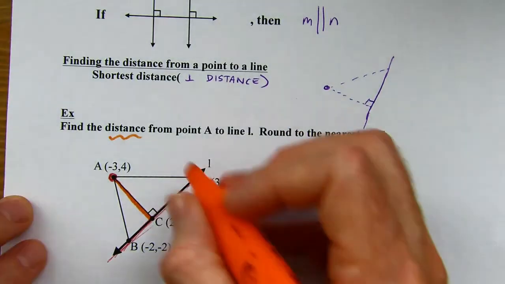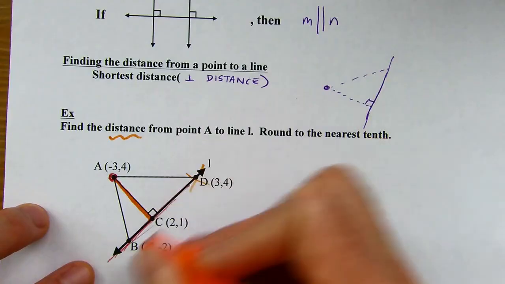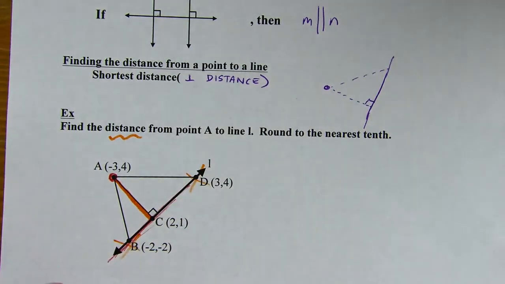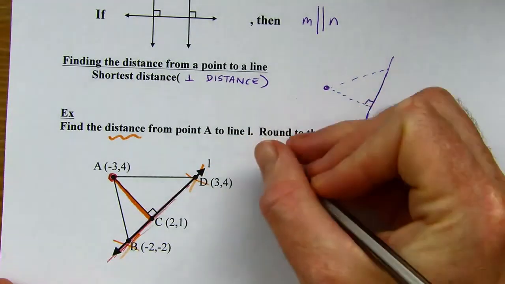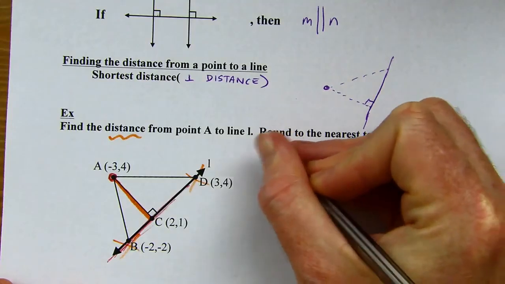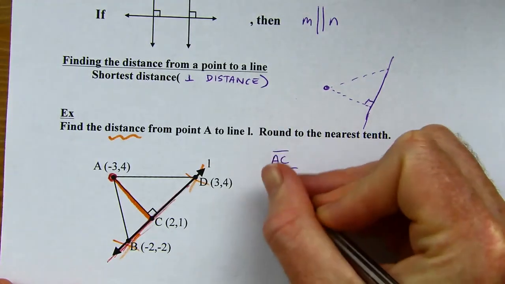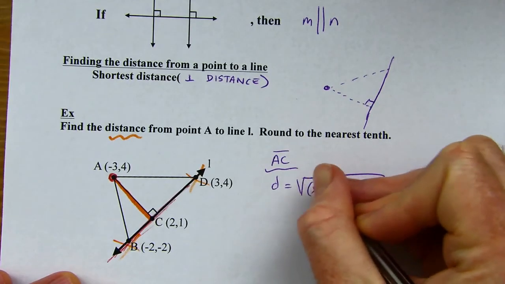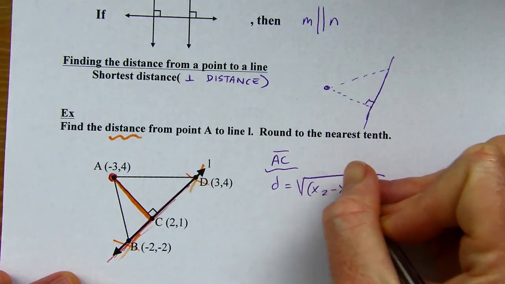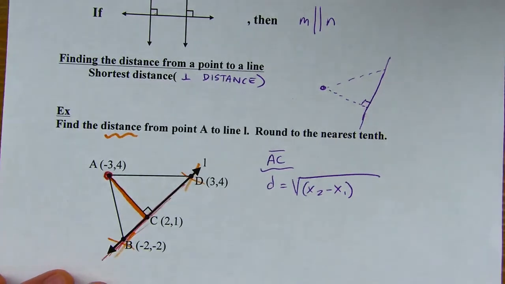These other ones are just there to distract you. We don't need those at all. So really what we're going to do is find the length of this line segment, AC. I'm going to do that with the distance formula from a couple of chapters ago. I promised you that it would never go away, and it's not.